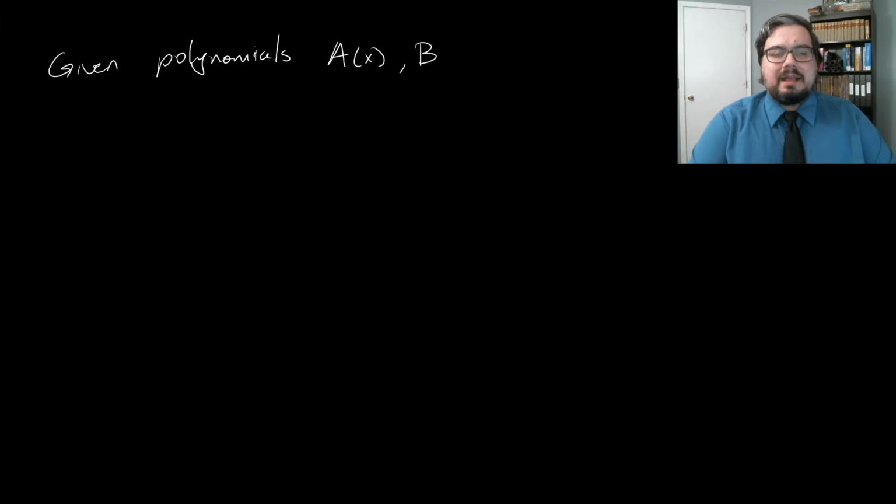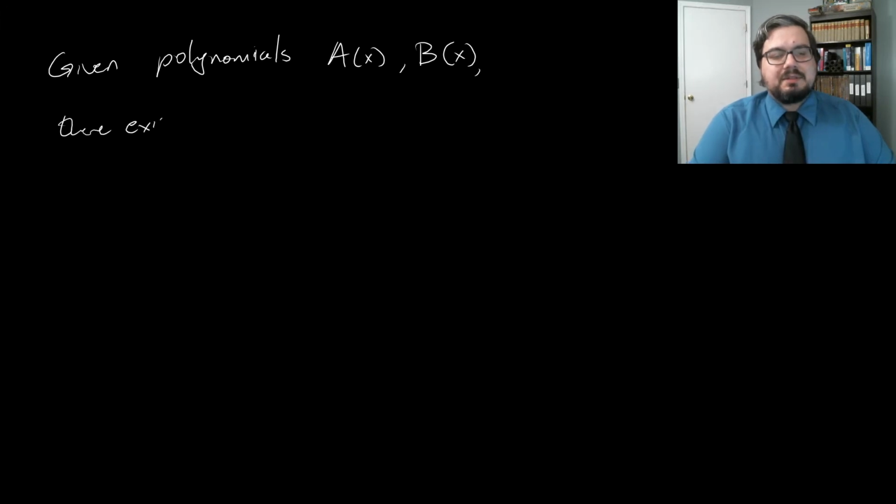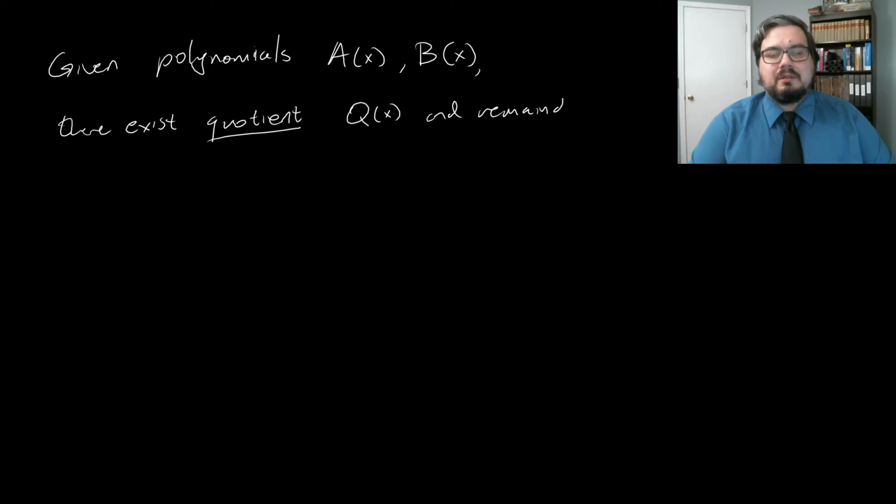So, given polynomials, let me write them as a of x and b of x for comparison with what we just did. There always exists a quotient q of x and remainder r of x such that two things happen.